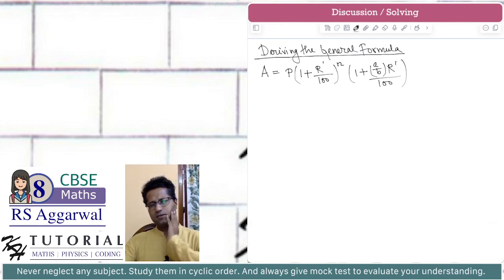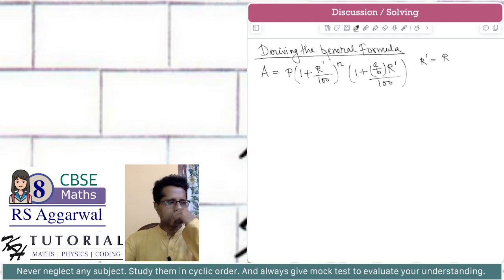We already know that R dash is equal to RU by 12, and we have T multiplied by 12 divided by U, which when represented as a mixed fraction is actually N A by B.